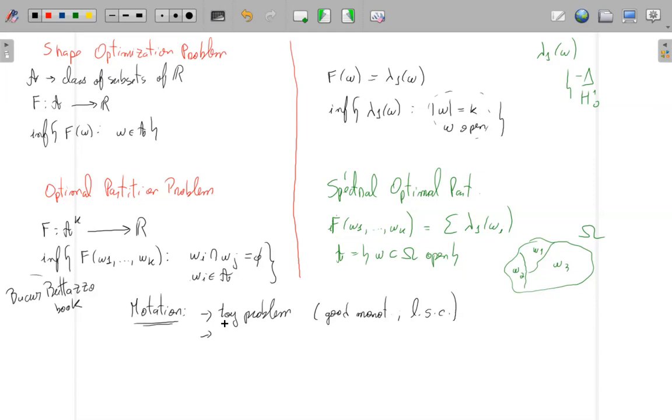Then, okay, this is from more the mathematical point of view. People like Bernard Helffer and Hoffmann-Ostenhof have connected this kind of problems with understanding of nodal sets of Dirichlet eigenfunctions associated with higher eigenvalues, okay?